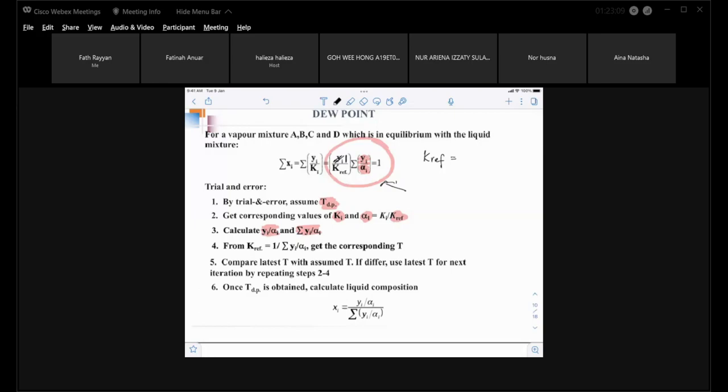The equation is like this: 1 over K reference, summation y_i over alpha_i equals 1. That's that equation there. Now, I need to find K reference. What should it be, guys? Do the mathematics.